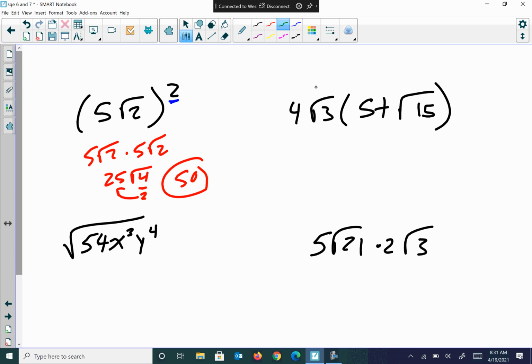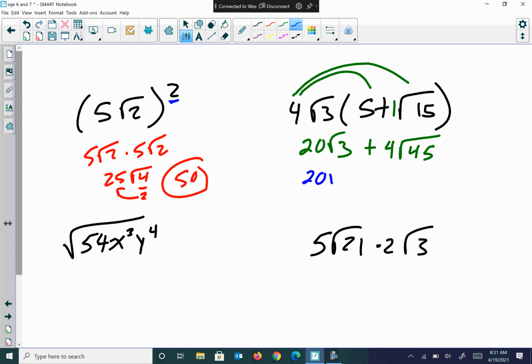All right, next one, I'm going to distribute. I'll distribute here first. So that gives me 20 square root 3. And then multiply here. Plus 4 root 45. Okay, notice I multiplied outside. There is a 1 in front of that. So the 4 times 1 is 4. Root 3 times root 5 is root 45. The root 3 won't break down. But 45 will break down to 9 times 5.